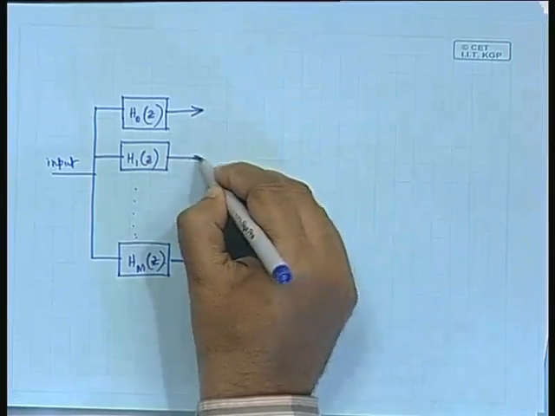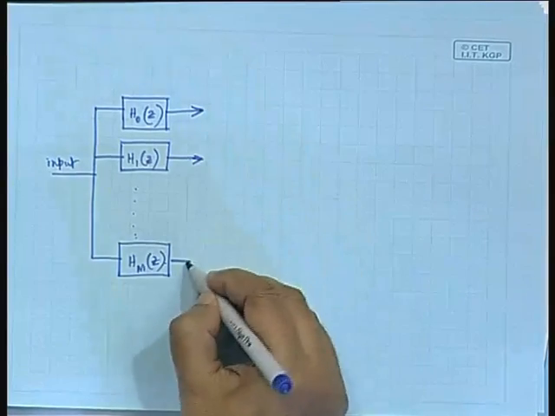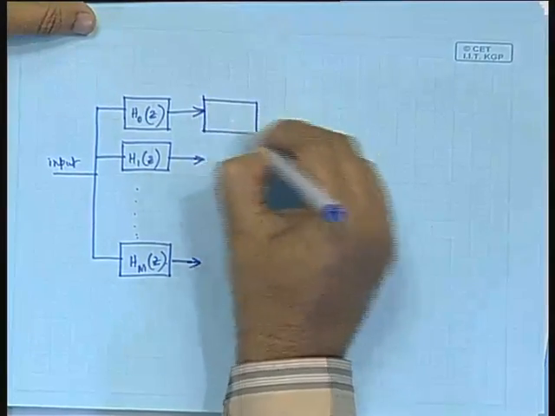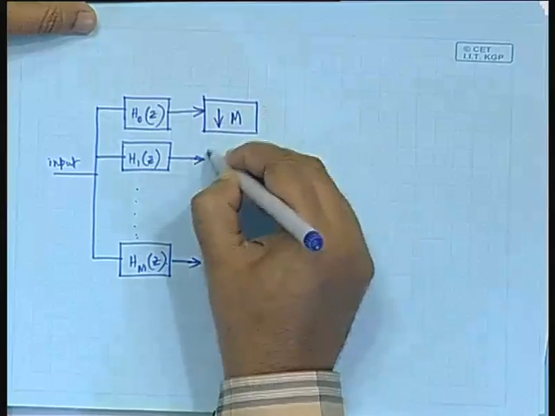So, we need not use the original sampling frequency; rather, we have to decimate the sampling frequency by a factor of m. So, there will be a decimation by a factor of m, downsampling.